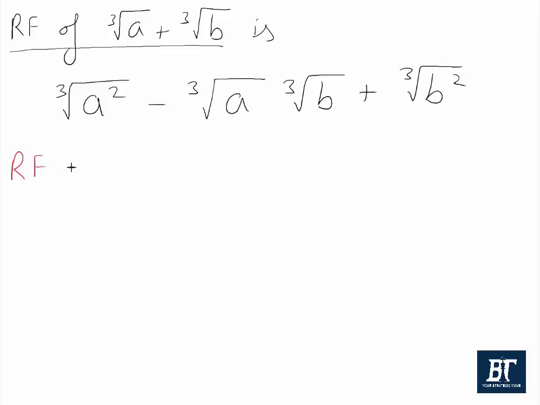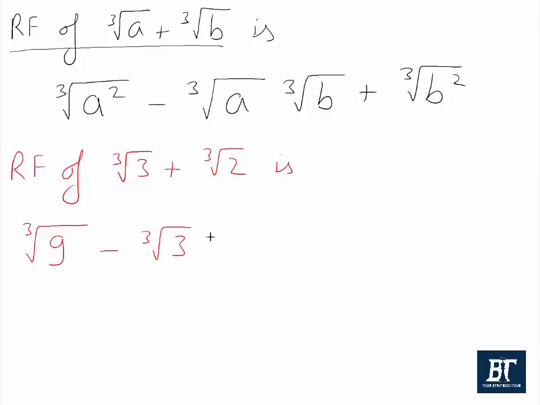Example, rationalizing factor of cube root 3 plus cube root 2 is cube root of 3 square minus cube root 3 into cube root 2 plus cube root of 4.